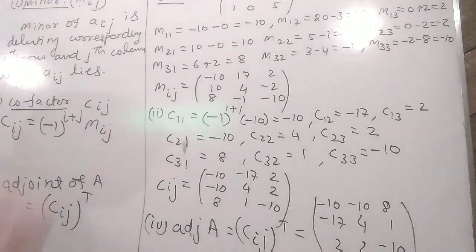Now we have another last one, inverse of a matrix. Write down fast. Clear or not? Say yes, no. Are you clear? Yes, write down.